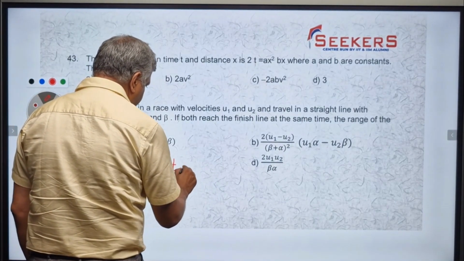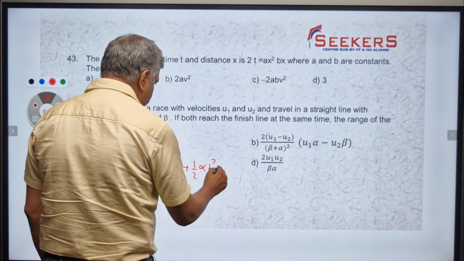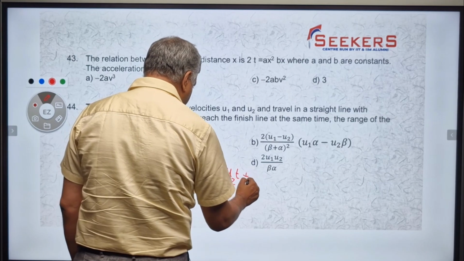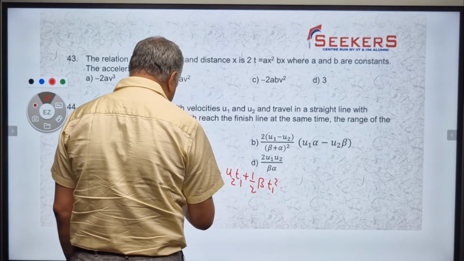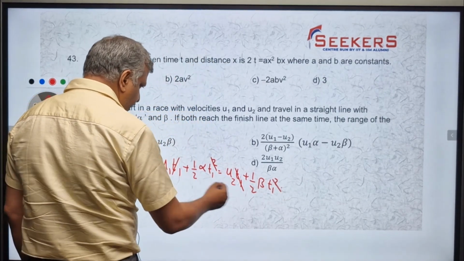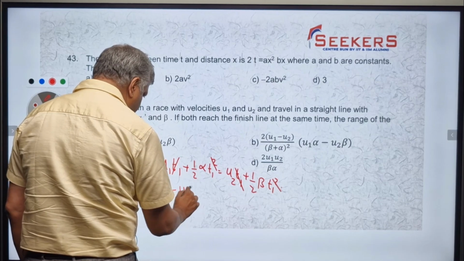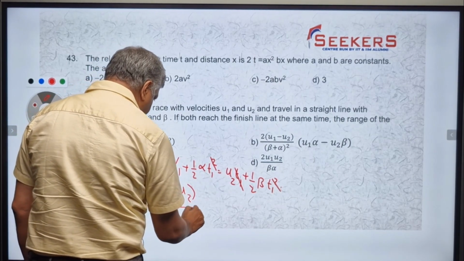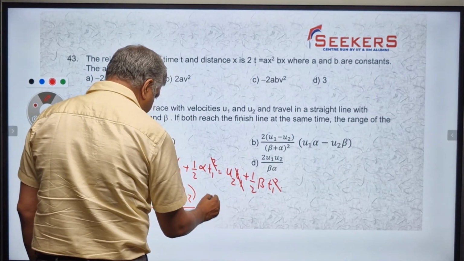u1 t1 plus half into alpha t1 squared is equal to u2 t1 plus half into beta t1 squared. One t1, one t1, t1, t1 gets cancelled. So on rearranging them, I will get 2 times u1 minus u2 divided by beta minus alpha is equal to t1.